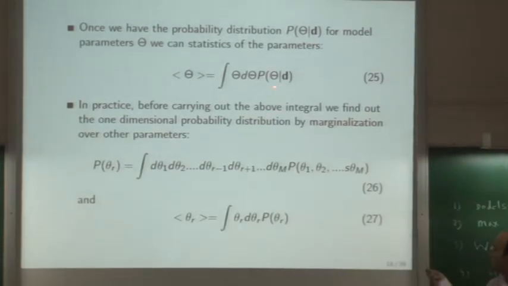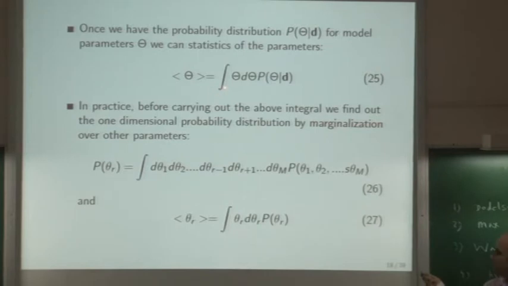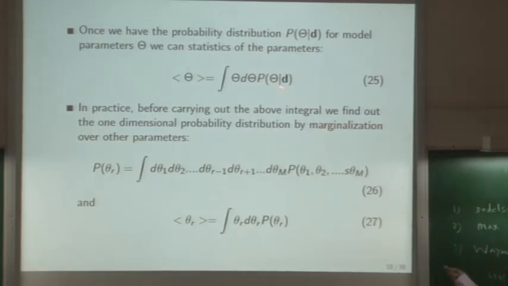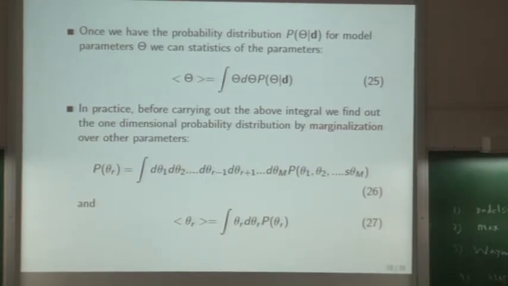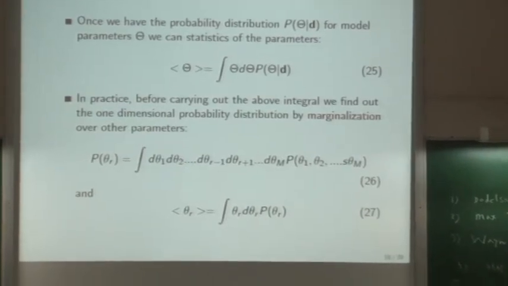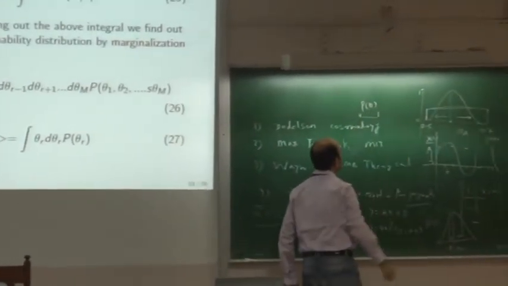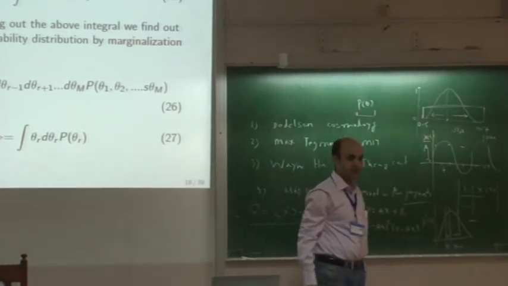Once you have this likelihood function, this is a multivariate probability distribution function. Data and theory together will give you a probability distribution function P, forget about the D, P as a function of theta, and theta is a vector. Once you have a probability distribution for something, like P of theta, you have the full information about that variable.